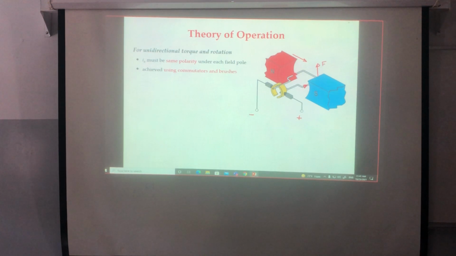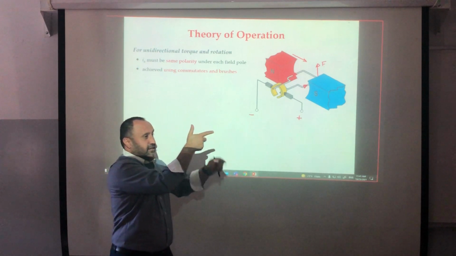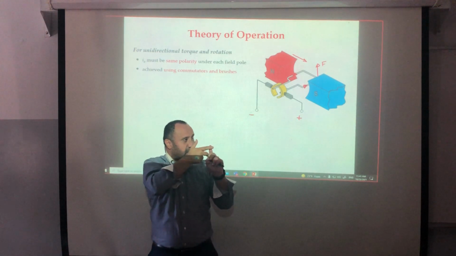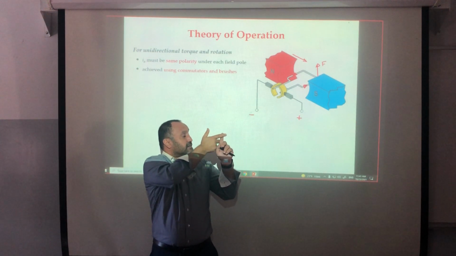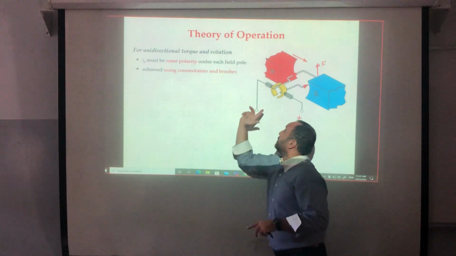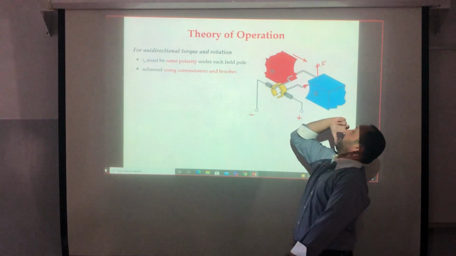Who can decide the direction for the second part? Now I check the first part. The same thing: the direction of the flux, the direction of the current, the force down.